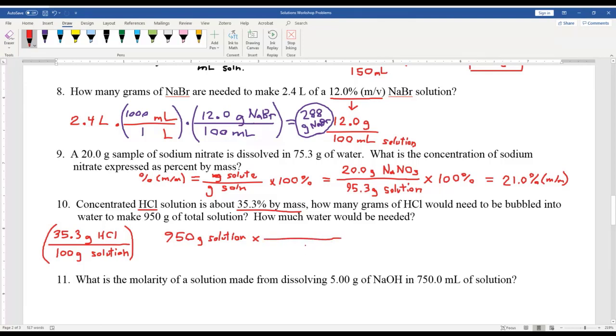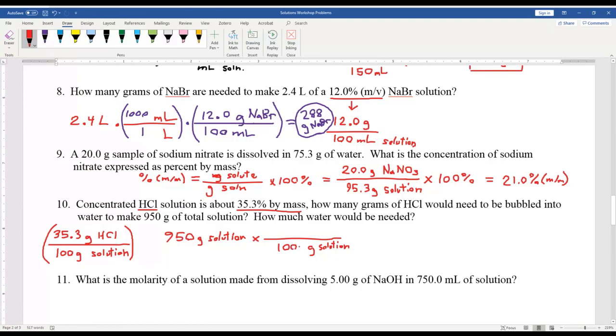So what unit goes on the bottom of this conversion factor? The grams of solution. And how many grams of solution? 100.